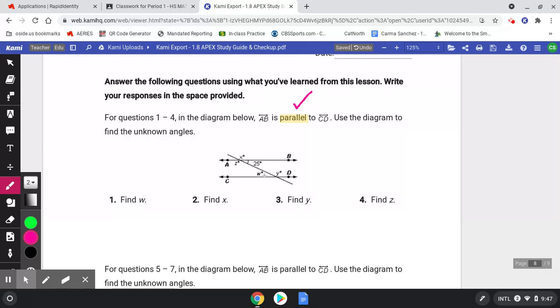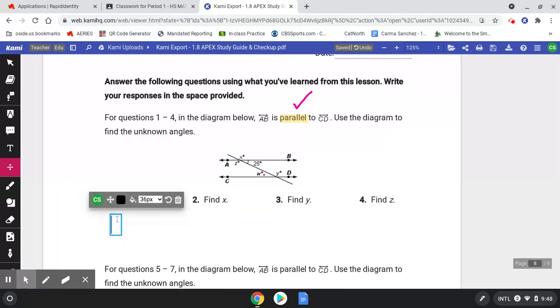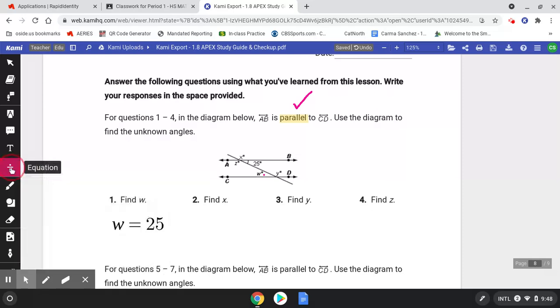So first I'm looking right here at this little spot W. Notice that W is an alternate interior angle to the 25 degrees. So I can say that W equals 25 degrees.